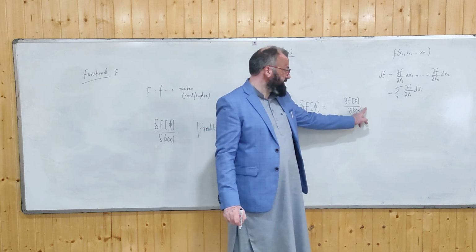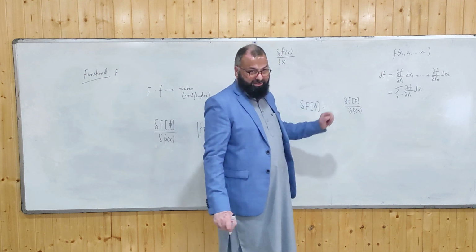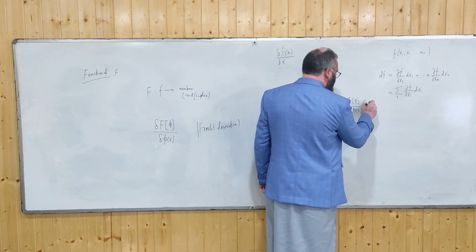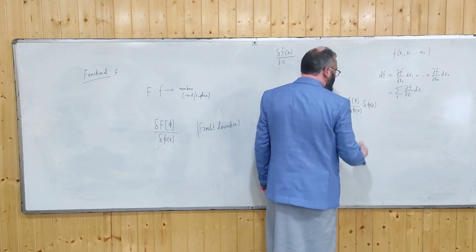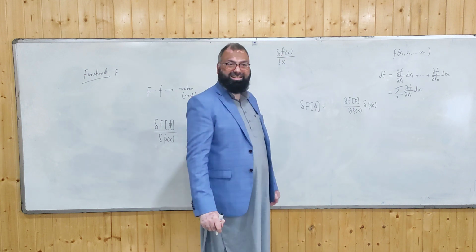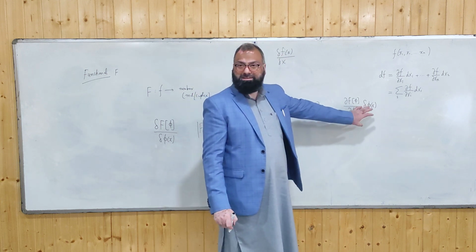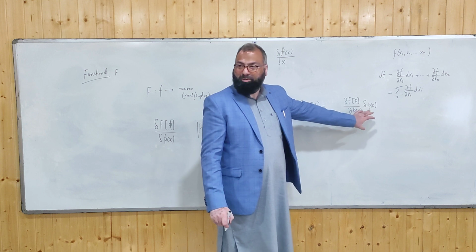Then you multiply by the variation in phi, delta phi of x, and you sum over all these values at the point x. Clear?